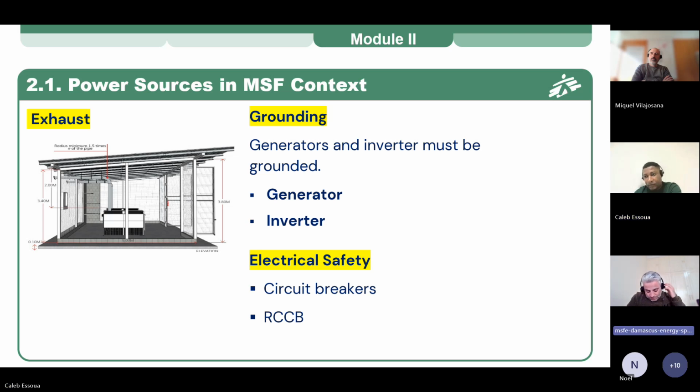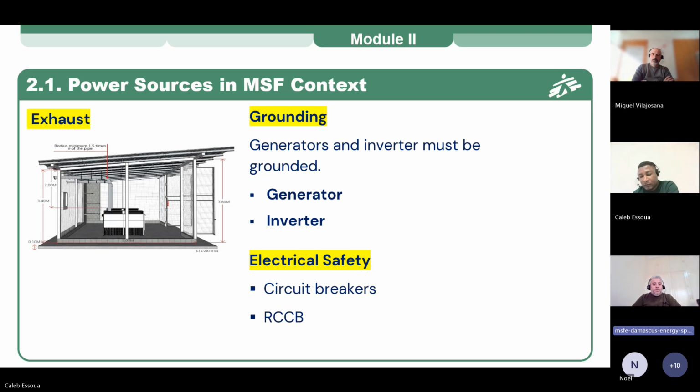The second question is about the TT grounding system that you mentioned, that the rod of the generator must be a minimum of 20 to 25 meters away. Minimum is 20. That's a big problem that we are facing in city buildings, because there is not a lot of area around the office or around the building or guest house.